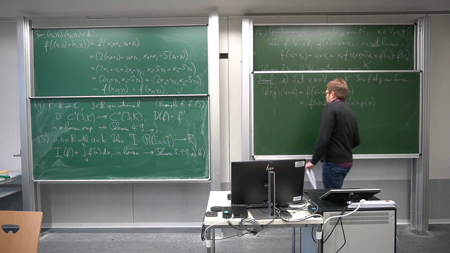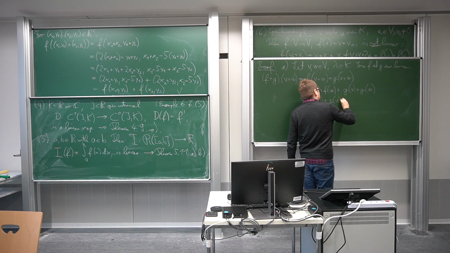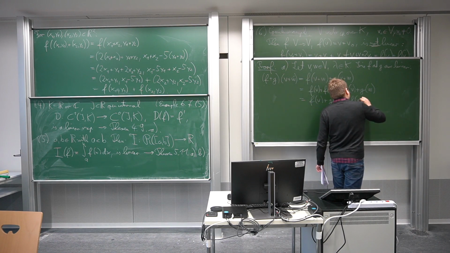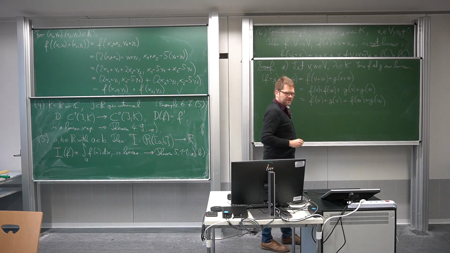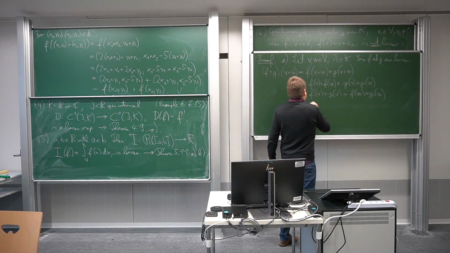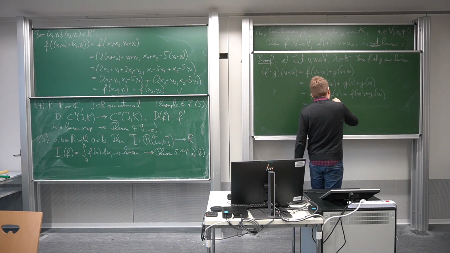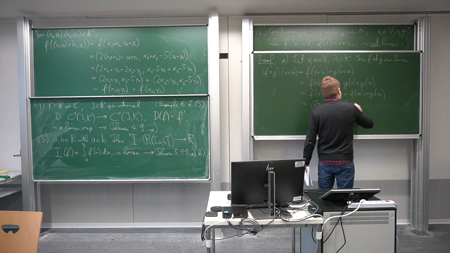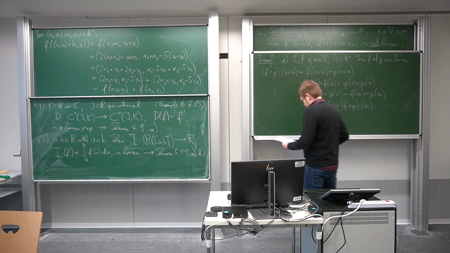Now let's just rearrange things. By reordering the terms, this is F of v plus G of v plus F of w plus G of w. And by definition of the sum of maps, now in reverse, this is the same as (F plus G) of v plus (F plus G) of w. Okay, this is what we wanted.